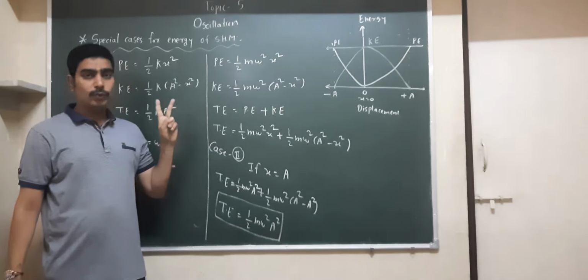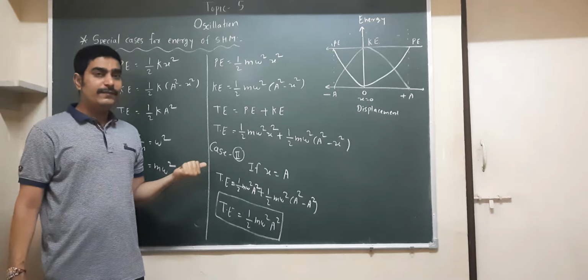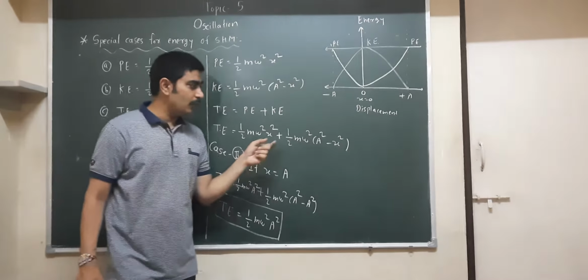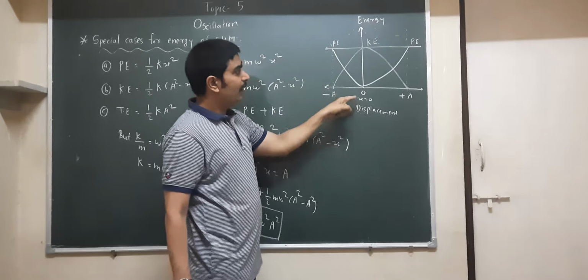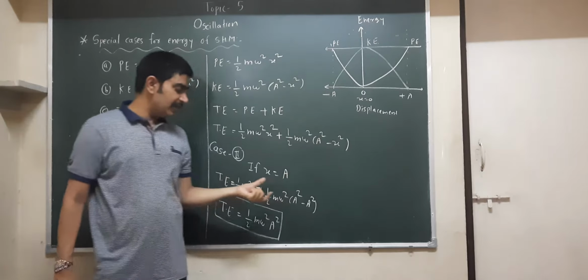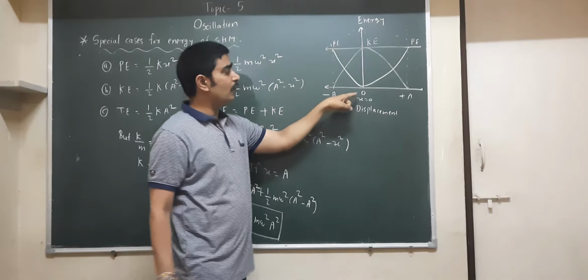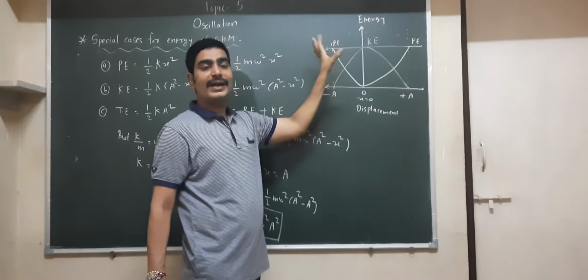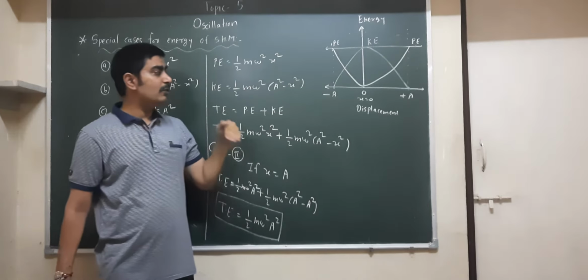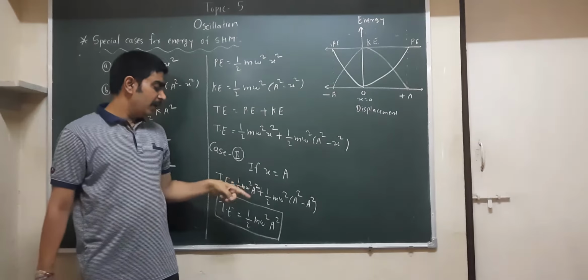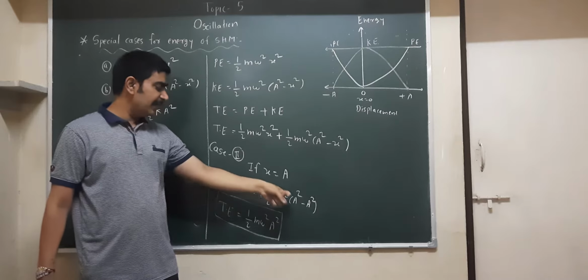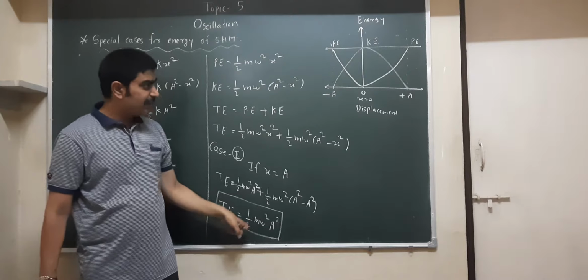So here we have seen the two cases. In case 1, we have seen that x is equal to 0. When x is equal to 0, then we are getting the total energy as half m omega square a square. So at x is equal to 0, the total energy is pure kinetic. At x is equal to a, here we have seen that the kinetic energy is 0, but the potential energy is present.